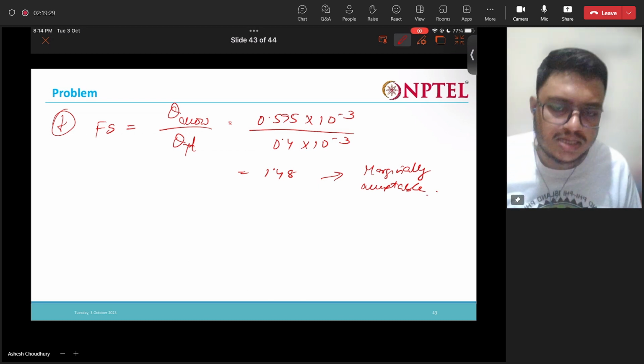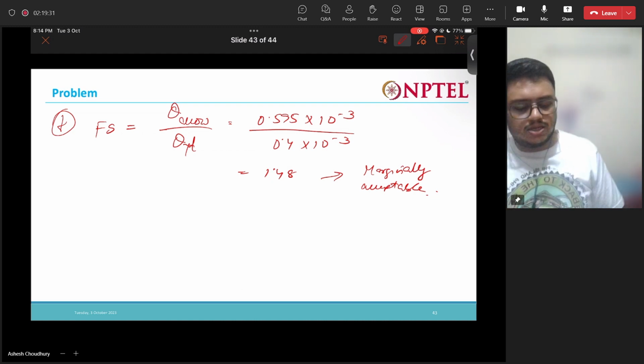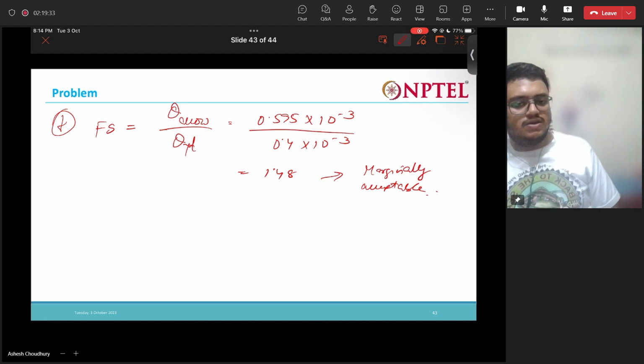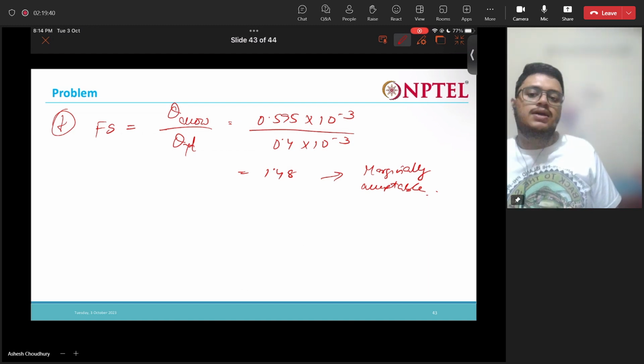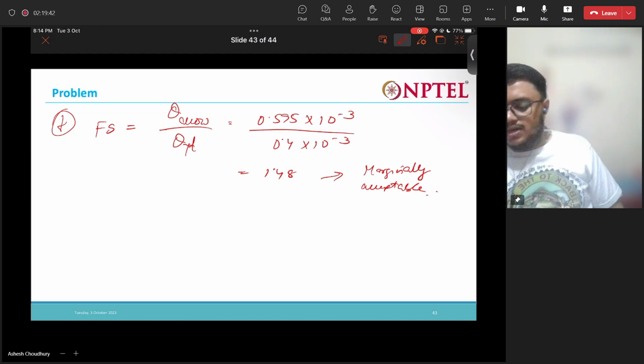So see, if the flow rate is high, the geonet is also giving very little factor of safety. What we can do is go for some geocomposite or some different things which have higher flow rate at that pressure.